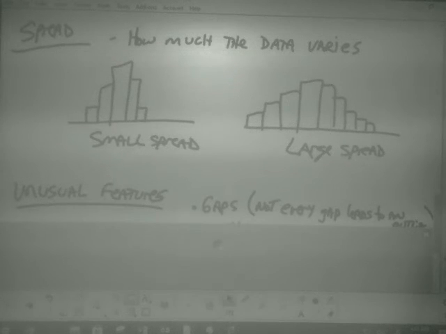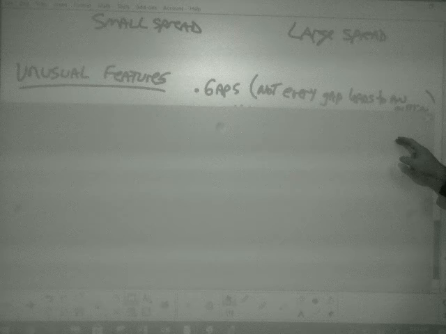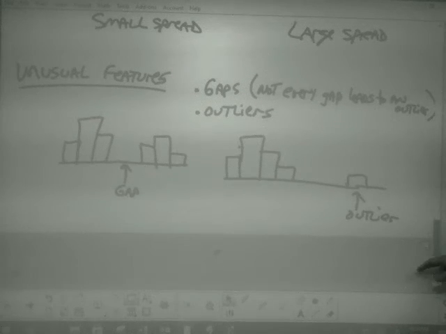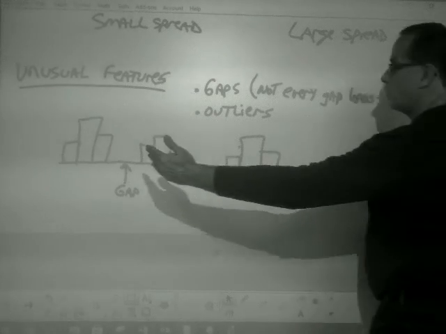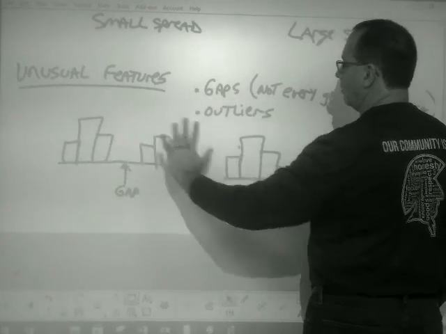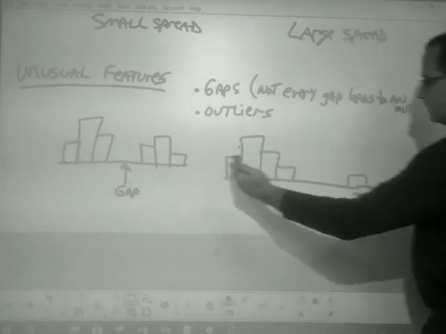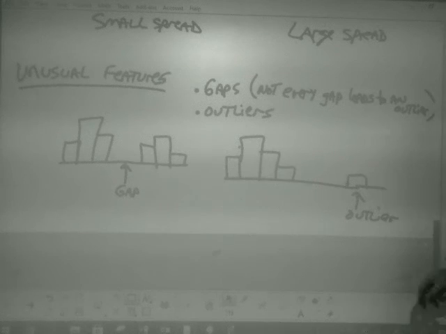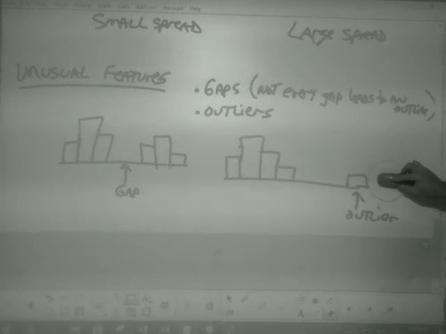And unusual features. There's a fourth thing that we talk about, unusual features. Are there any gaps? Are there any outliers? For example, here's a situation where we have a gap, we have no data, but this isn't necessarily an outlier. Here is a gap. This value is an outlier.